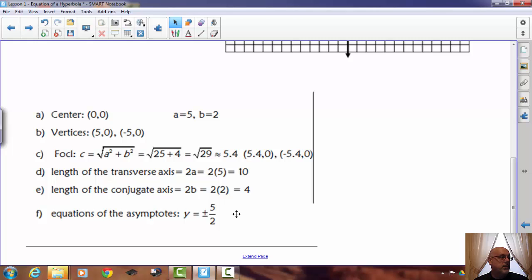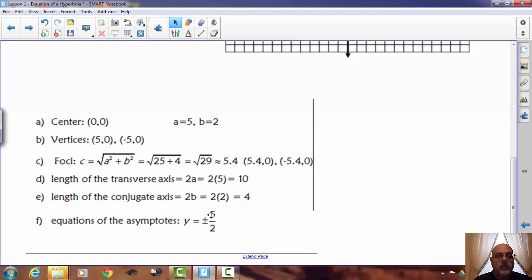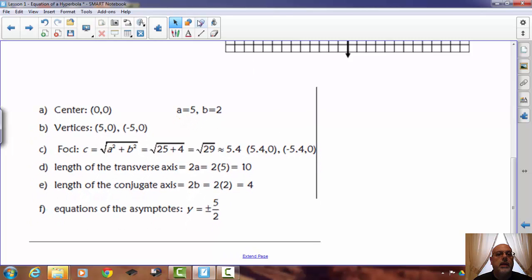So that's what those two lines are. Okay? Actually, why did I write 5 halves? That's a typo. It should be 2 over 5. Let me try and correct that with my pen here. I don't want to do that.